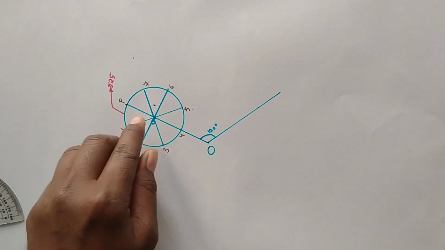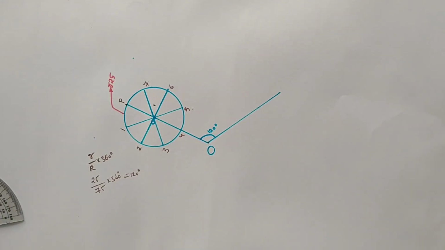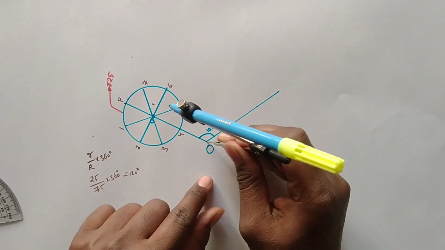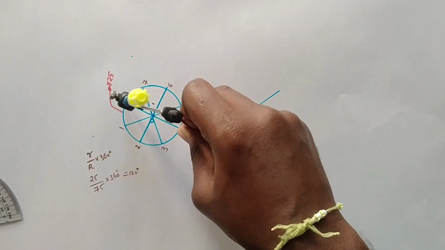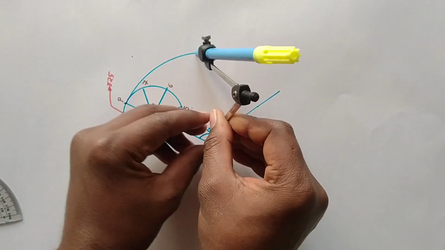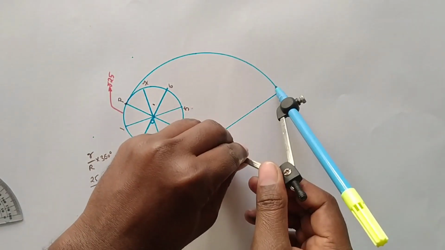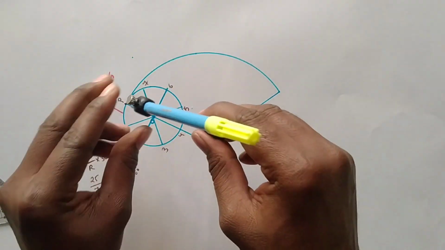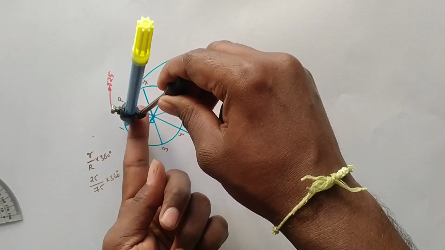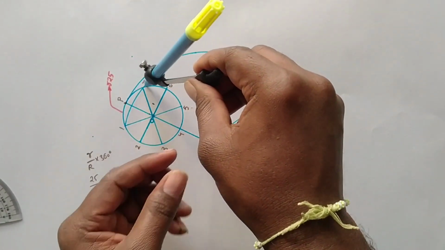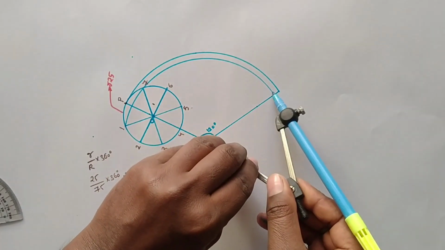Next, with the help of your compass, draw locus curves from these individual lines. With the directing circle center as the center, from P, draw the locus curve until it reaches this 120 degree line. Next, from 1 and 7, draw the locus curve.